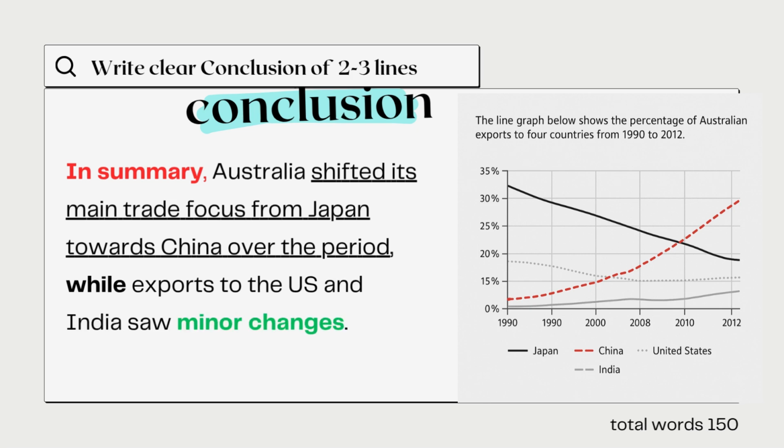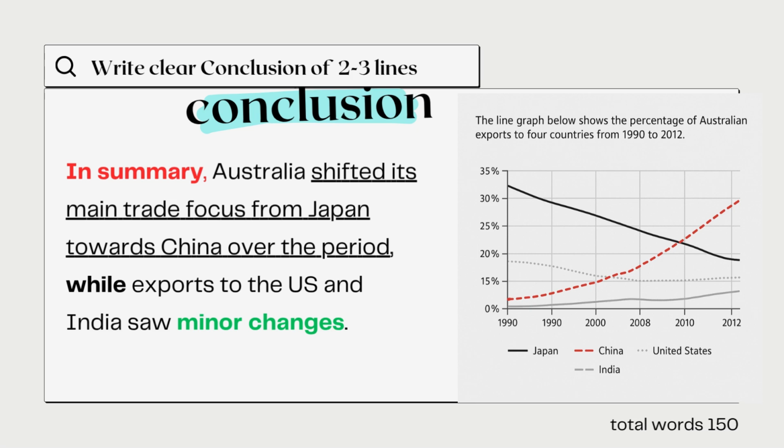Now you can study the line graph here, how Australia shifted its main trade focus from Japan towards China. See how the line of Japan is declining and how the dotted line of China is rising, while the exports of the US and India saw minor changes.